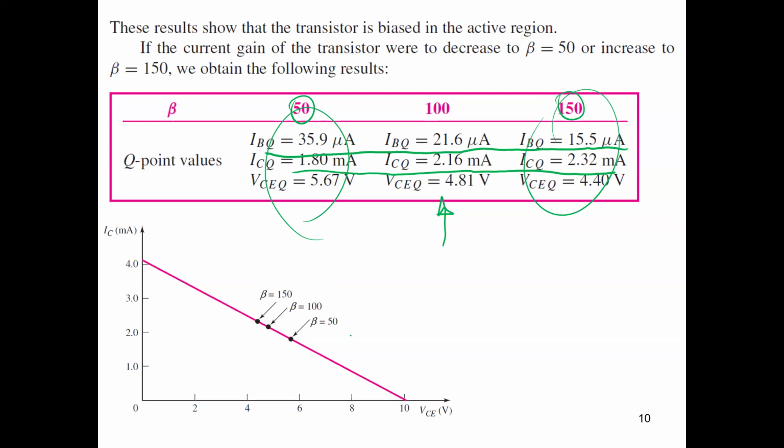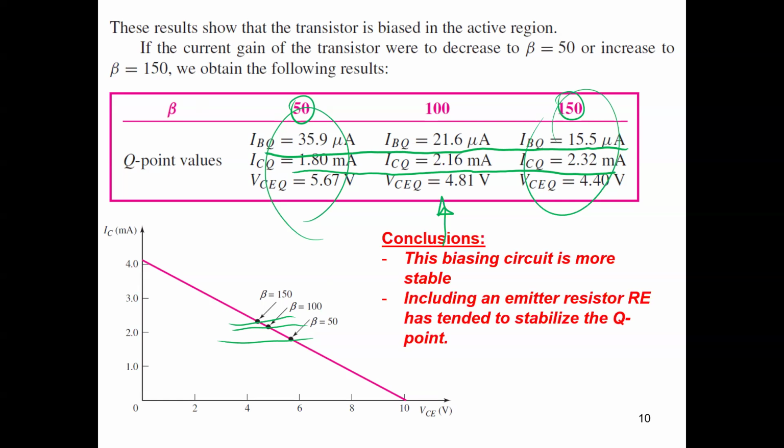And as you can see here, guys, if this is the first curve, second curve, third curve, you have very limited changes, which means we can conclude here that this biasing circuit is more stable to the changes of beta.